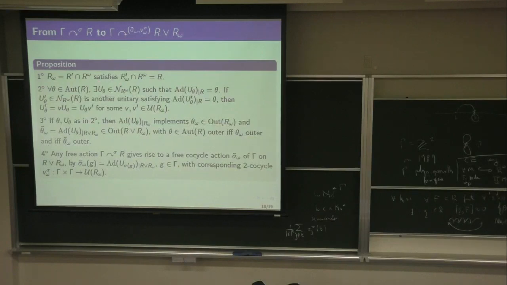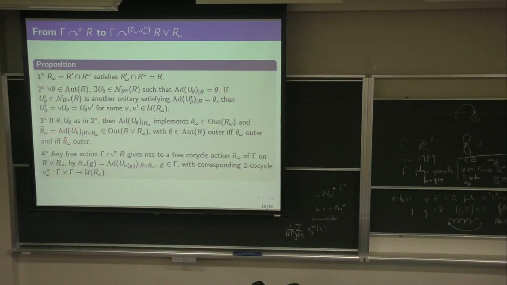And also, if you have another unitary that implements the same thing, obviously they will differ by a unitary in the commutant of R. So you have U theta unique up to multiplying by some unitary from the left or from the right.